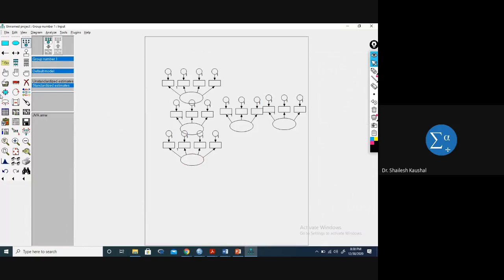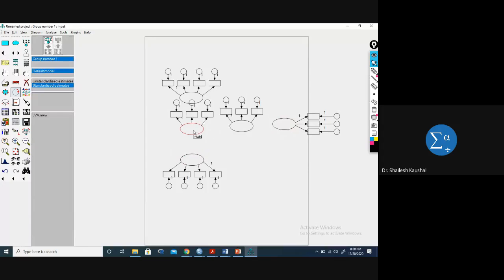Okay, now I assign the, let me fix this a bit, rotate. Rotate this way. Now we will draw the single-headed arrow, this one and this one, single-headed arrows.